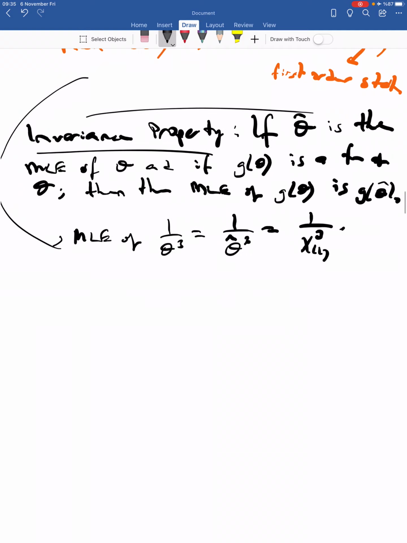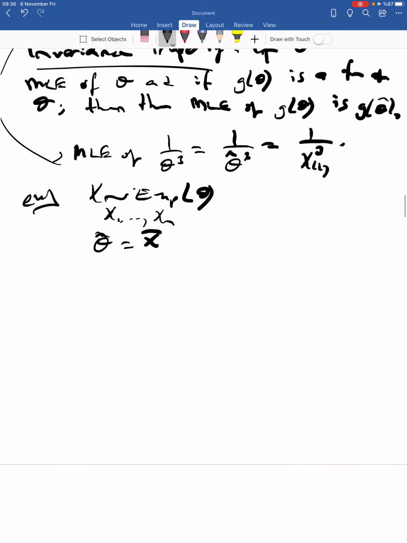Or another example can be, let's say we have an exponentially distributed random variable. We already found the MLE as x bar, if you remember. Okay, so the MLE was x bar. We already checked that. Let's find the MLE of the probability that x is less than or equal to 2.